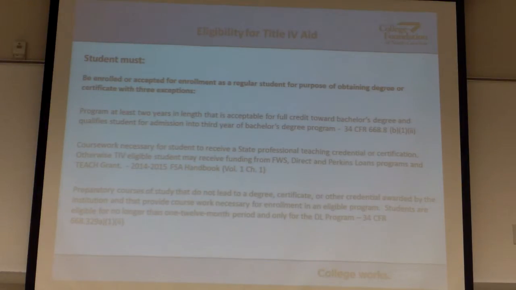So they're not really going for a degree or certificate, but they're going for teaching program courses. And on their FAFSA, they say that's what they're doing. Those students would be eligible for Title IV aid, not necessarily the Pell Grant, but Direct Loan funds, Federal Work-Study, Perkins Loan funds, and the TEACH Grant.